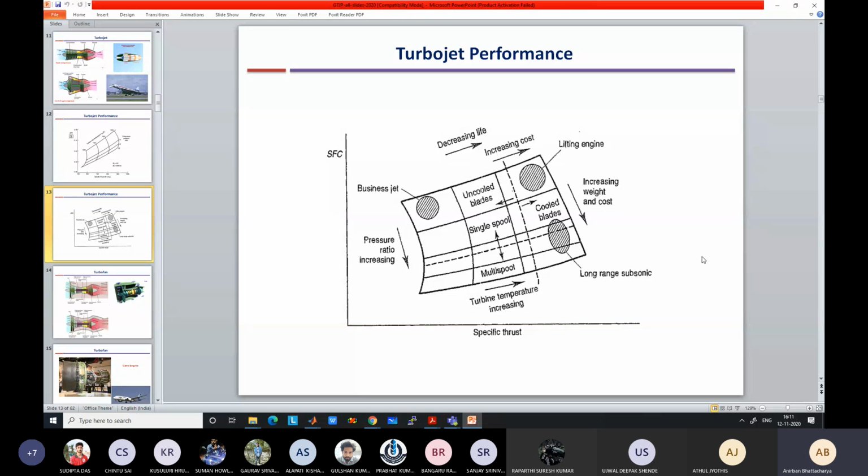So you operate somewhere along this point, where the thrust is as high as possible and the fuel consumption for that thrust is as low as possible. For this region, what is the main drawback?